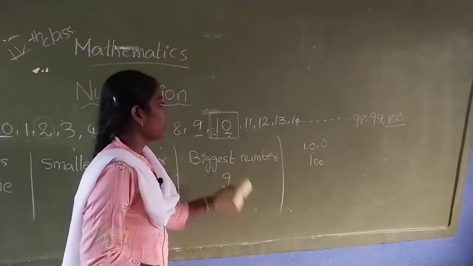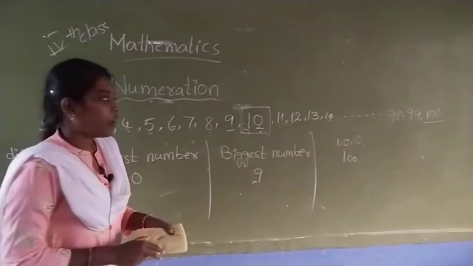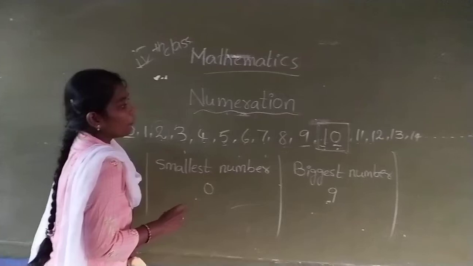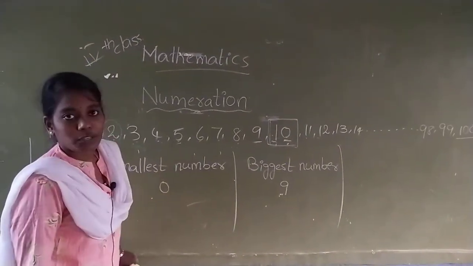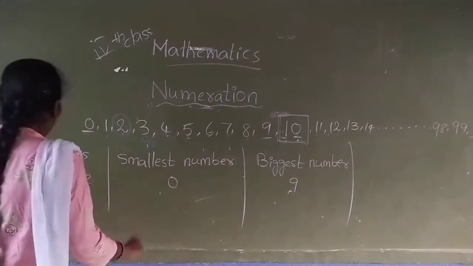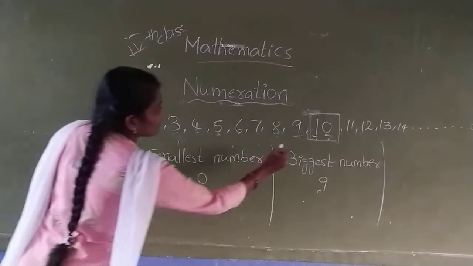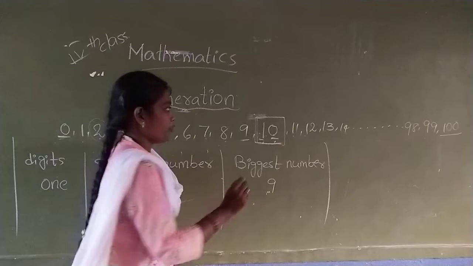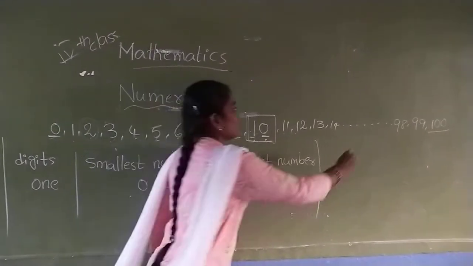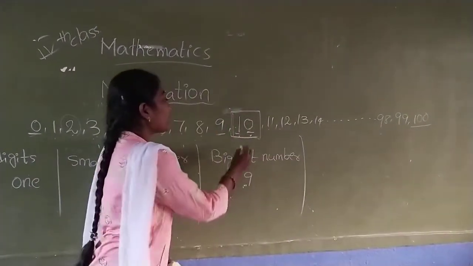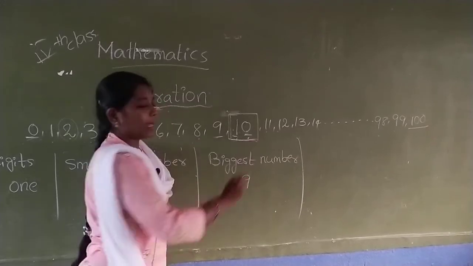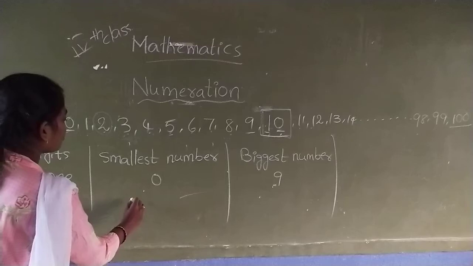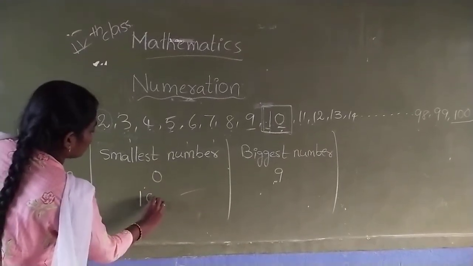From 10 to 99, those are called two-digit numbers. Which one is the smallest two-digit number? That is 10. Two-digit numbers start from 10 and end at 99. So the smallest two-digit number is 10.